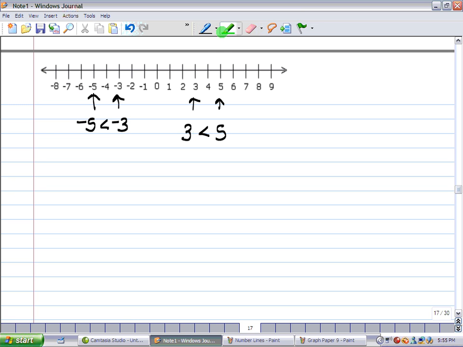So if I wanted to multiply both sides of this by negative 1, what would I get? Negative 3 greater than negative 5. Because these numbers on the left, these negative numbers, appear to be going backwards from these numbers. So when I multiply by a negative, I need to go in the other direction.